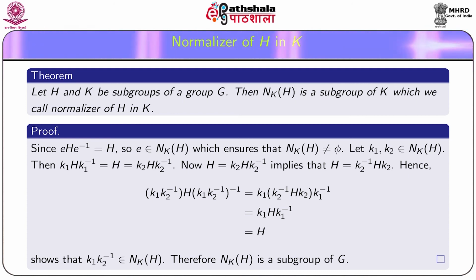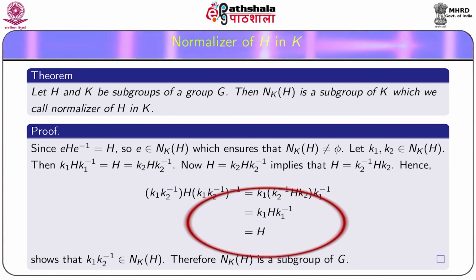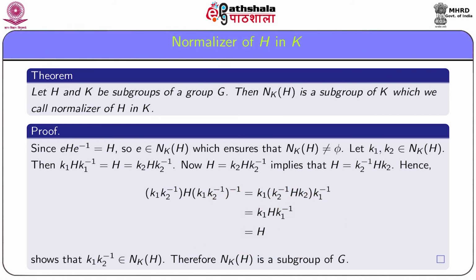Since we have k2^{-1}Hk2 equal to H, this is equal to k1Hk1^{-1}, which is again equal to H. Thus it follows that k1k2^{-1} is an element of N_K(H).